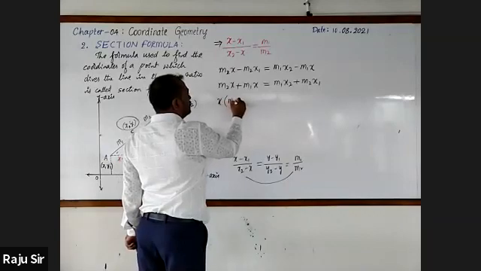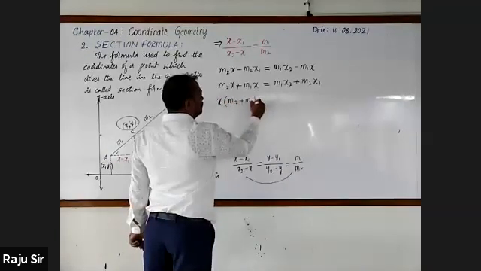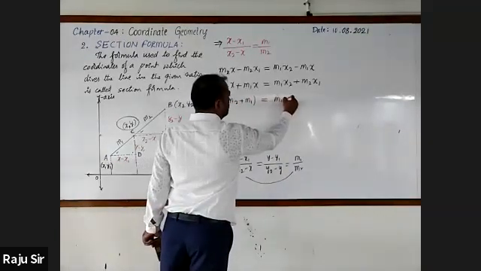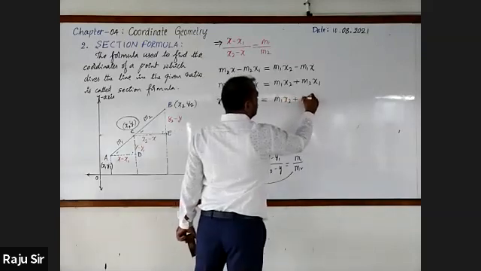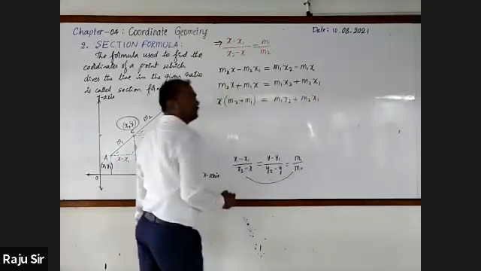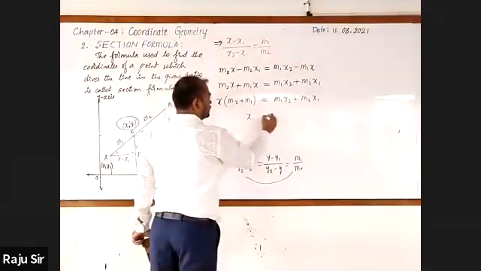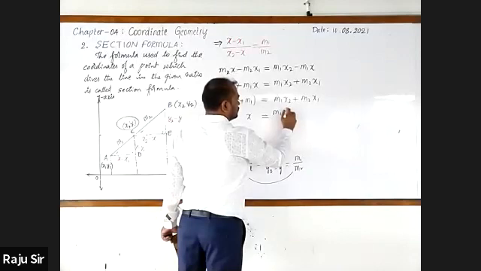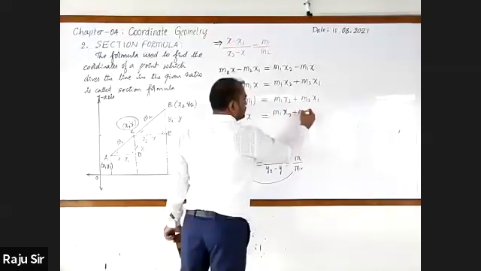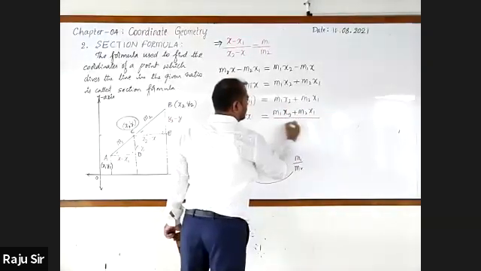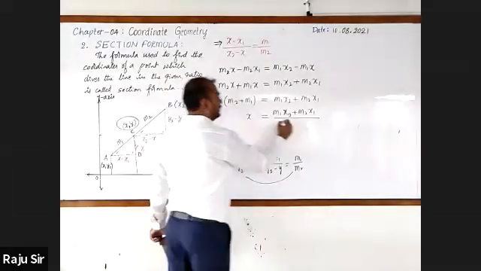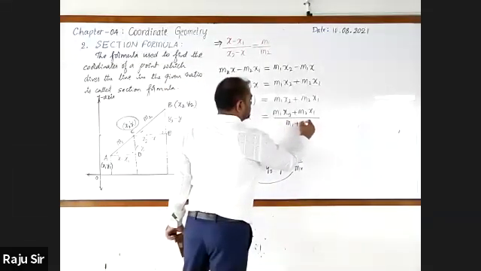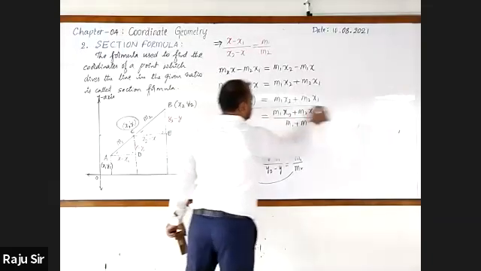X into (m2 plus m1) is equal to m1 x2 plus m2 x1. Can be written as x is equal to (m1 x2 plus m2 x1) by, taking this to the denominator, m1 plus m2.